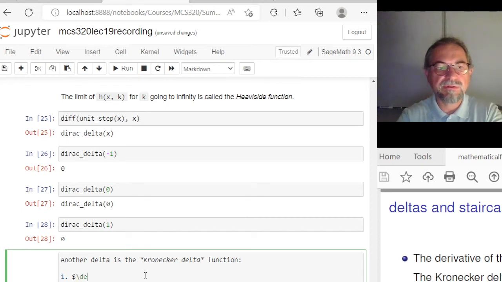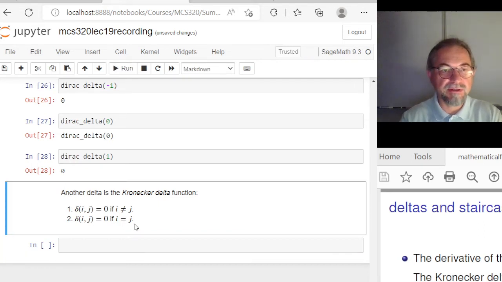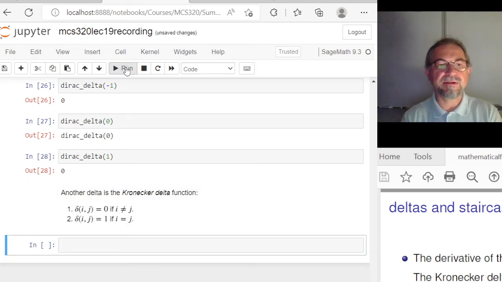You would see this defined as follows. That's the first rule. And the second rule, for symmetry I will write it like this. It takes on input 2 arguments, i and j. If they are different from each other, it is 0. If they are the same, then it is 1.